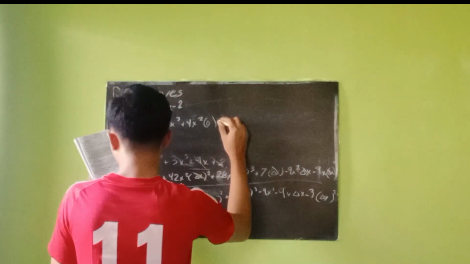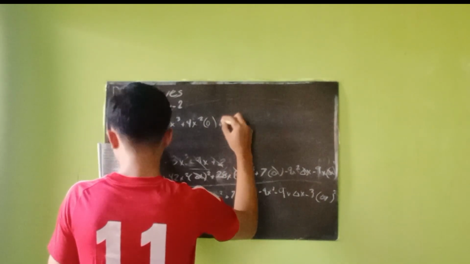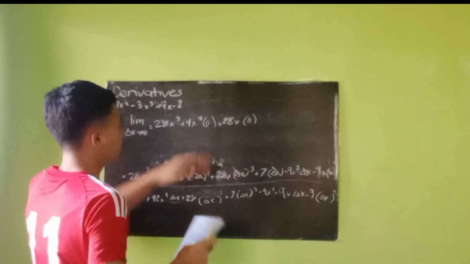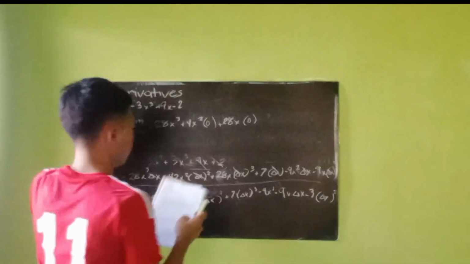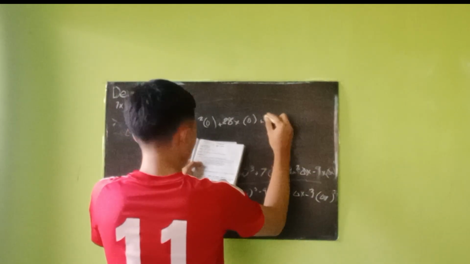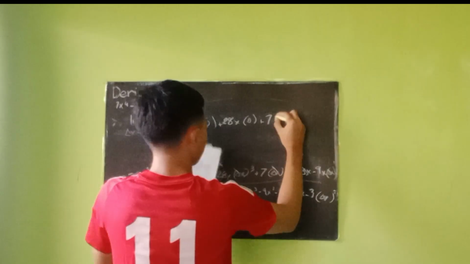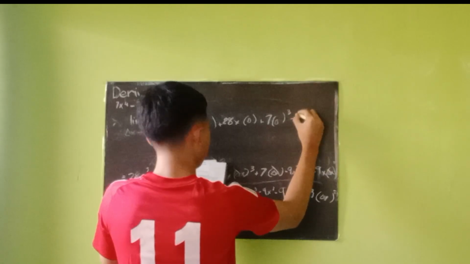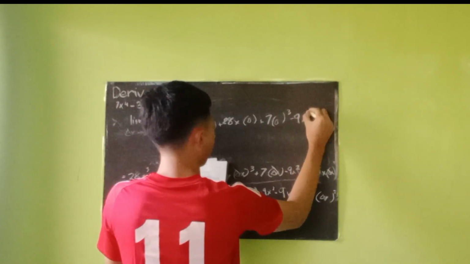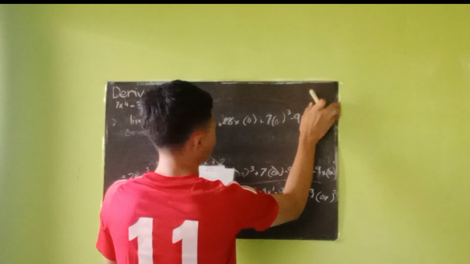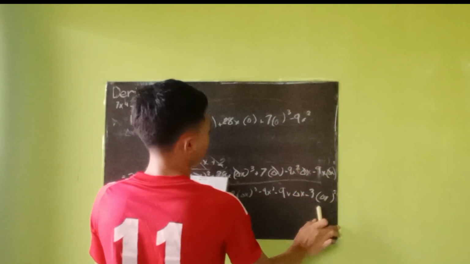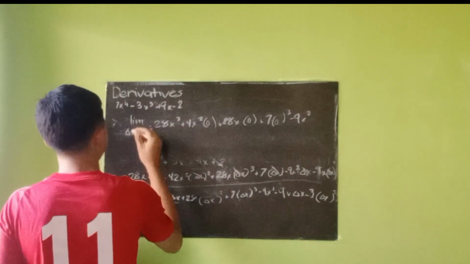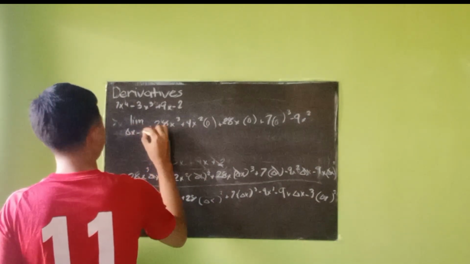And then the next step is the 28x times 0, as said in the limit law. We have 7 and 0 cubed, then 9x squared, so it's good to go since it doesn't belong to the limit given.